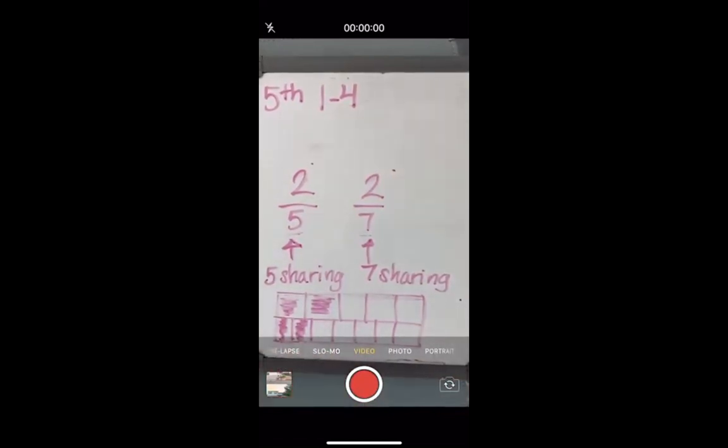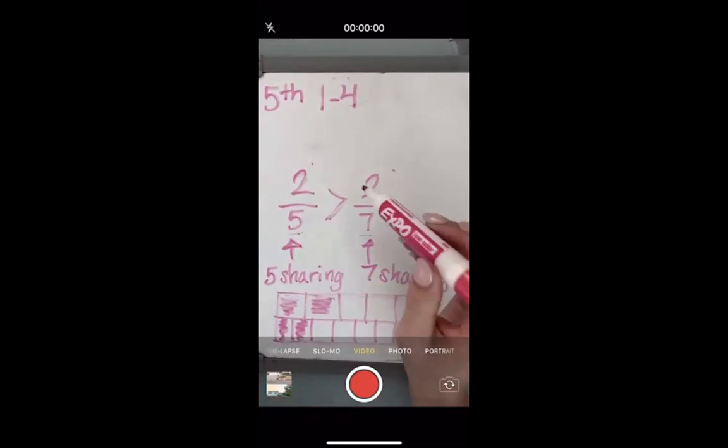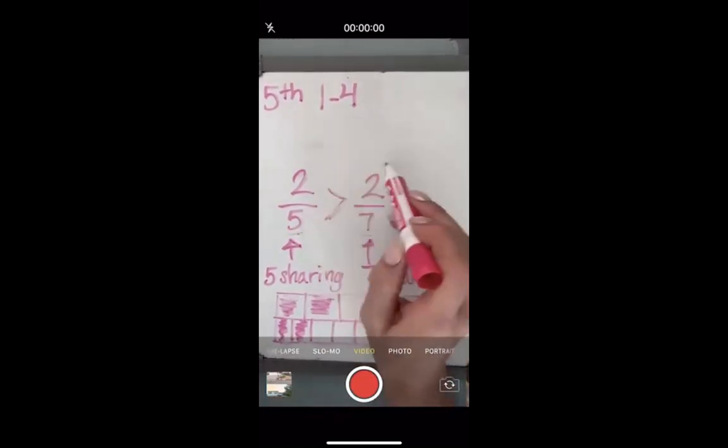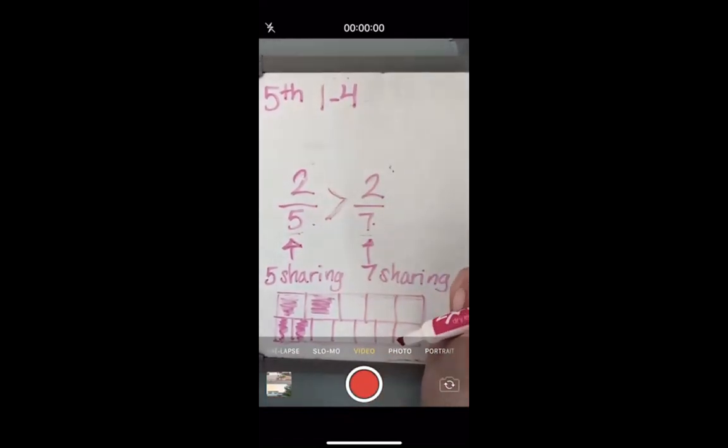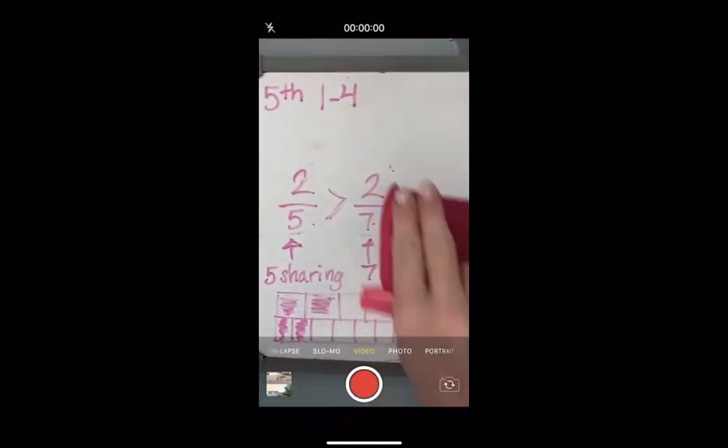The pieces are smaller, so whenever the denominator is the same, you can compare them directly using the numerator. Whenever the numerator is the same, your top number is the same, look to your bottom one. Which one's bigger pieces? I'll give you one more example of this.